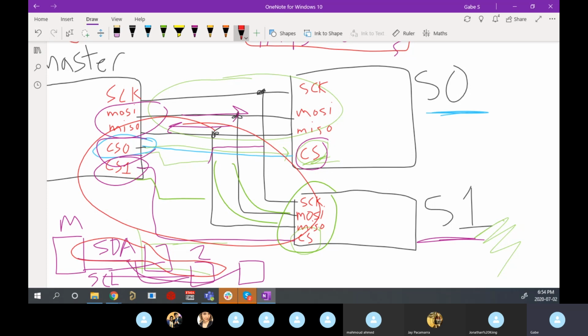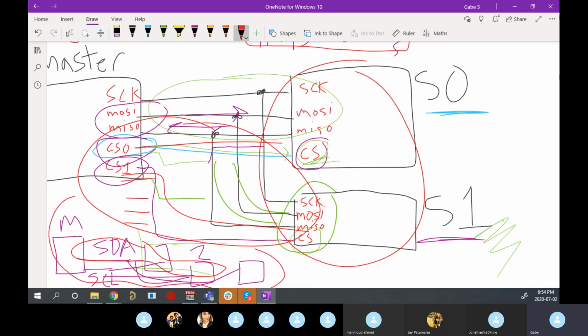If you want a faster solution and you don't care about having extra wires, and you have a lot of things on that same bus, SPI is great because you can just send a chip select to whatever slave. That's fine. But this will add to your pin count on your microcontroller, and that can be expensive. It may cause you to have to switch to an even larger package with more pins. So if you're really worried about pin count, then I2C is really nice because you only need 2 pins and it stays that way, which is cool.